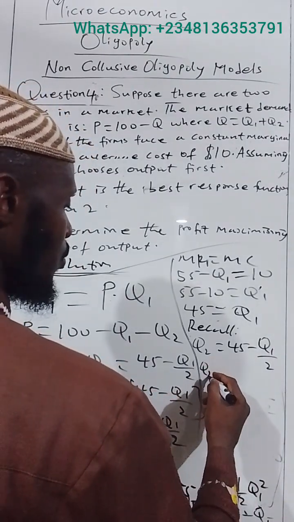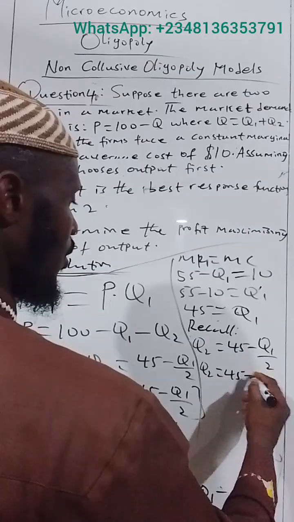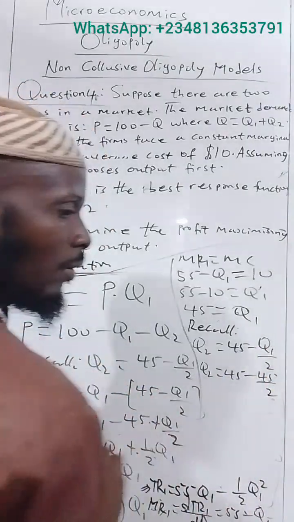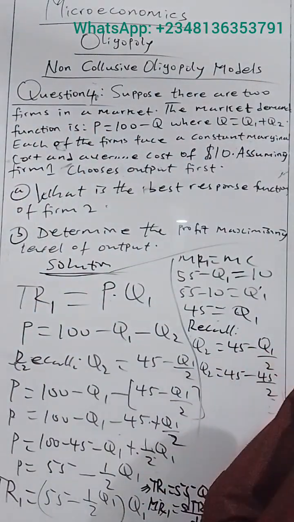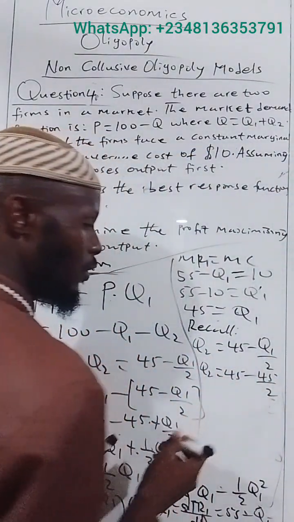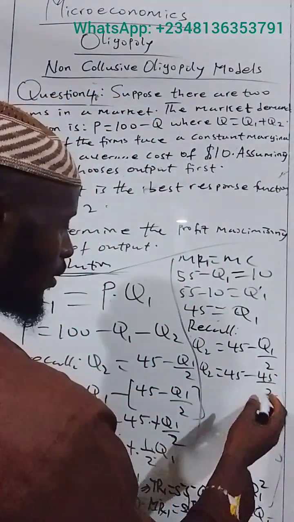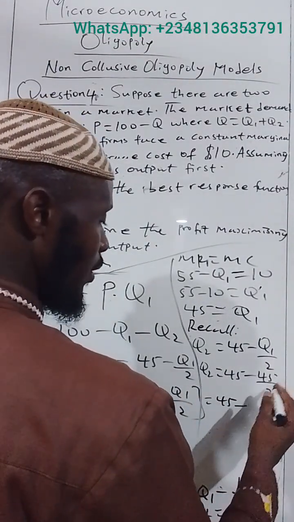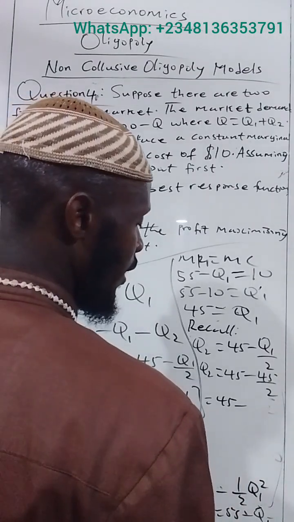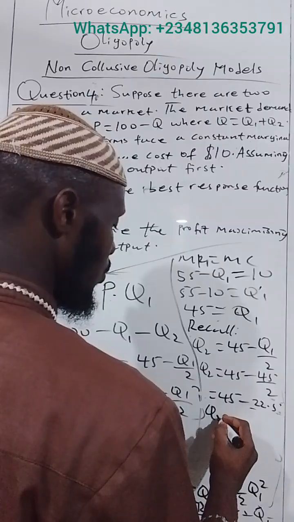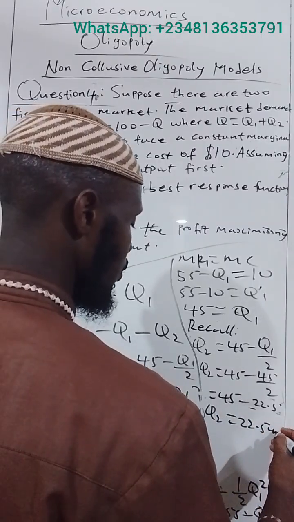Then we have Q2 equals 45 minus 45 over 2. When we solve this, we have Q2 equals 45 minus 45 divided by 2, which gives 22.5.